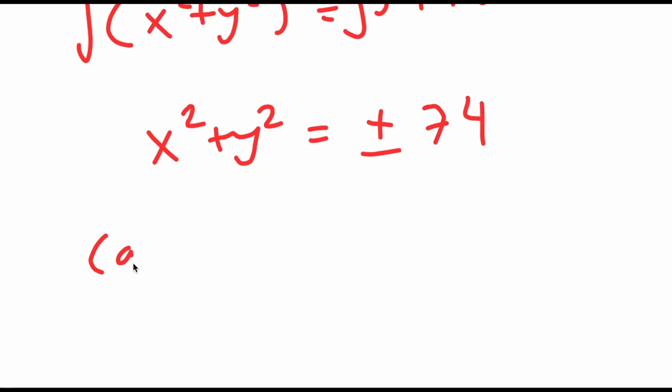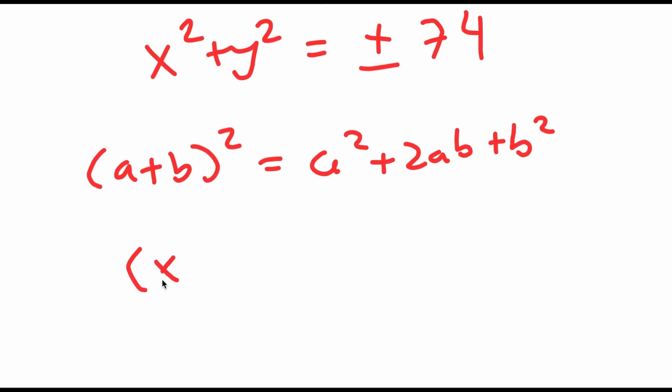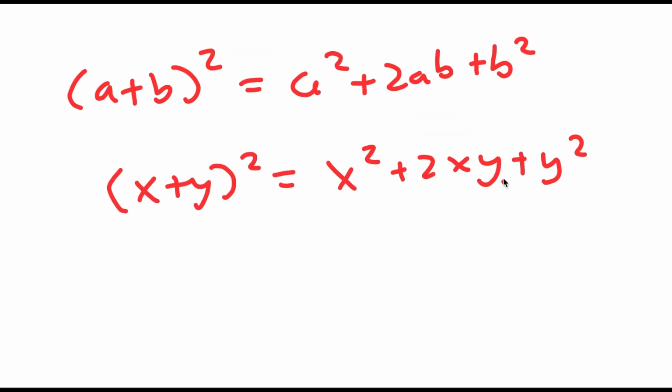Now from here, I'm going to use the property a plus b squared is equal to a squared plus 2ab plus b squared. So we know that x plus y squared is equal to x squared plus 2xy plus y squared.